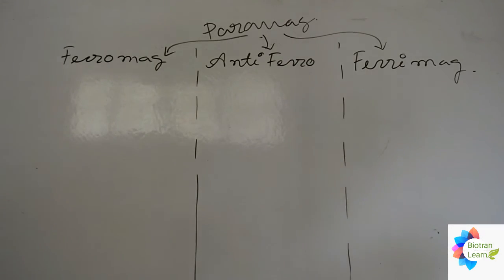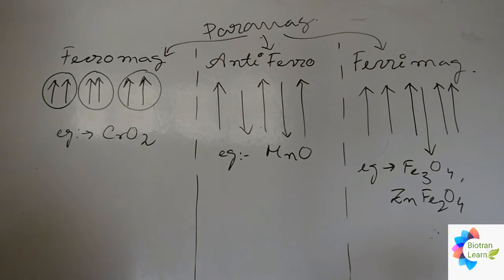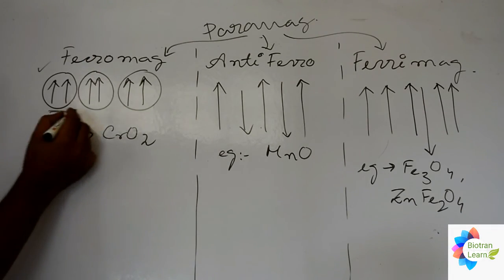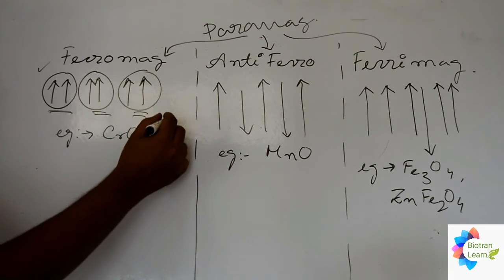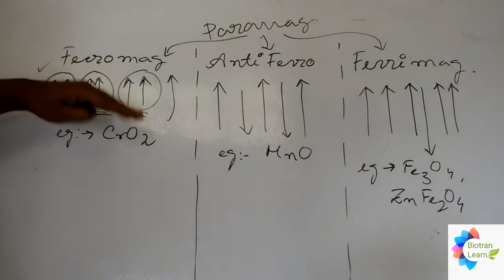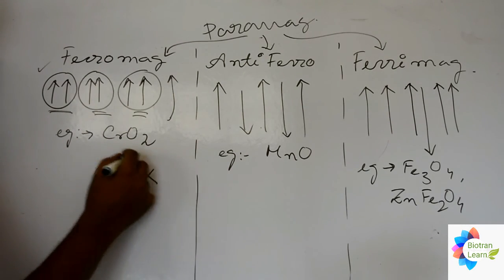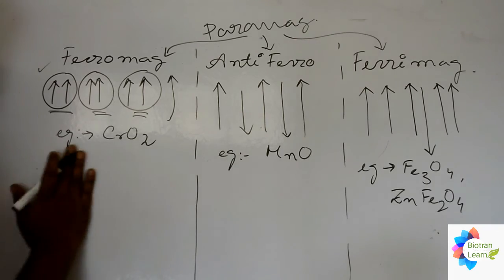So here in this particular case we can have a diagram of ferromagnetism, paramagnetism and antiferromagnetism. So let's see what these things are. In case of ferromagnetism, we can see that all the electrons are spinning in a particular direction. They do not have equal and opposite directions like diamagnetism.